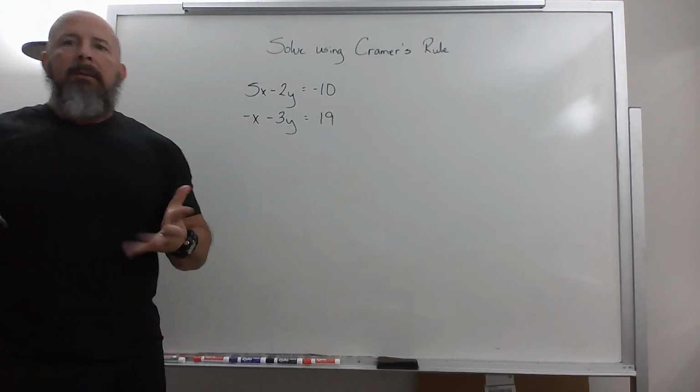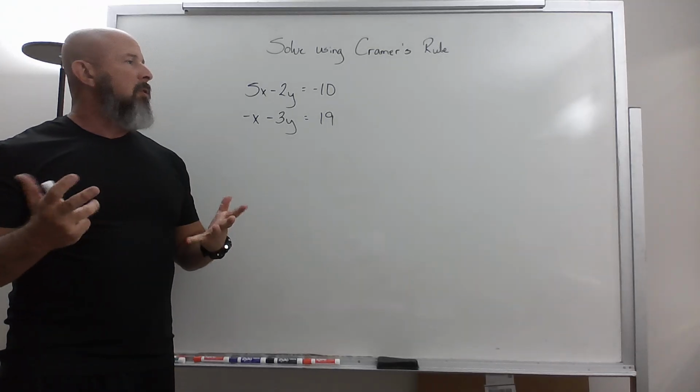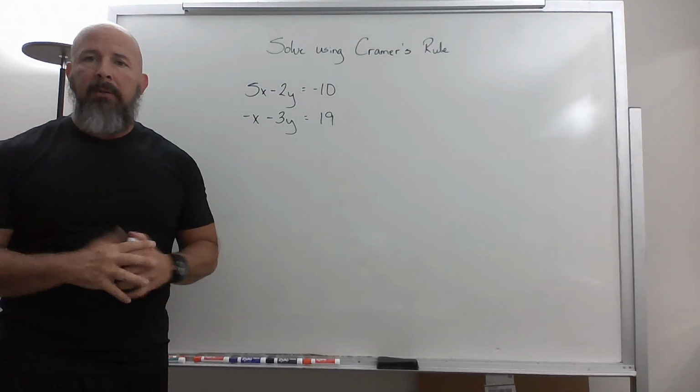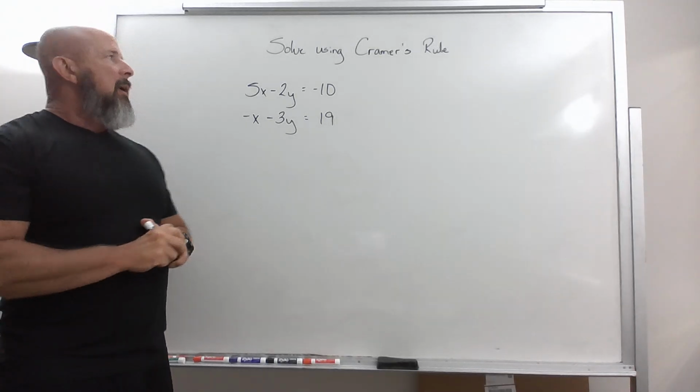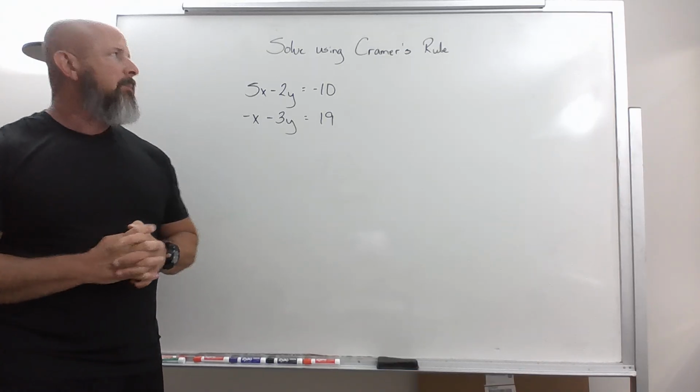All right, we're going to take a look at a couple of examples for solving a system of equations using Cramer's rule. This is one application of a determinant of a matrix.